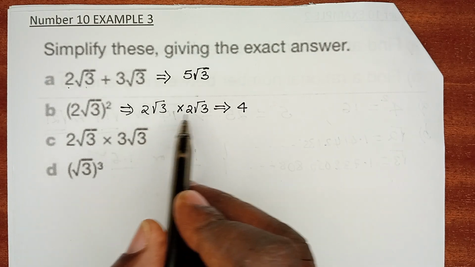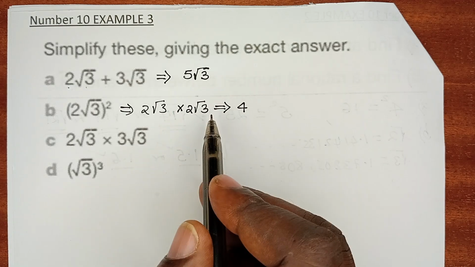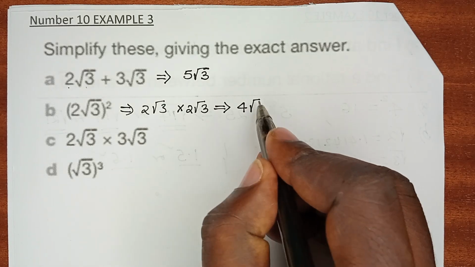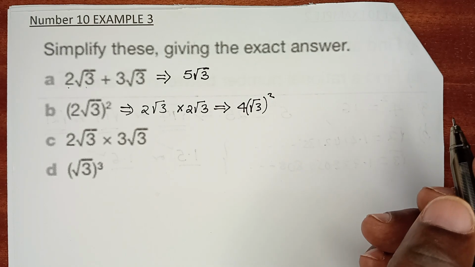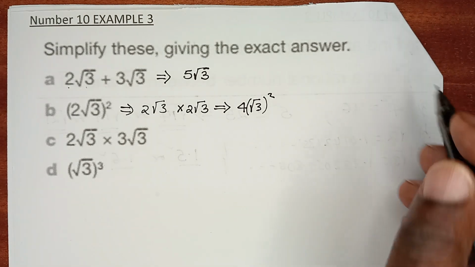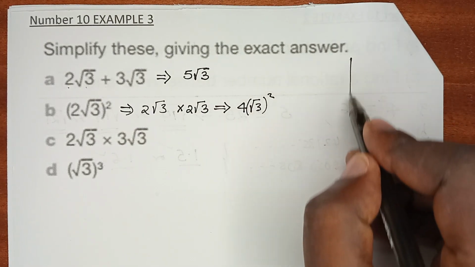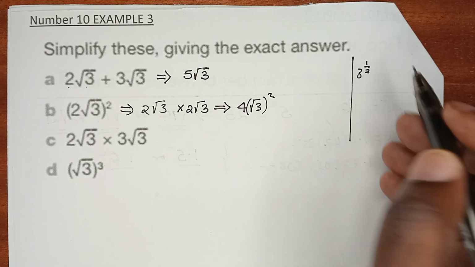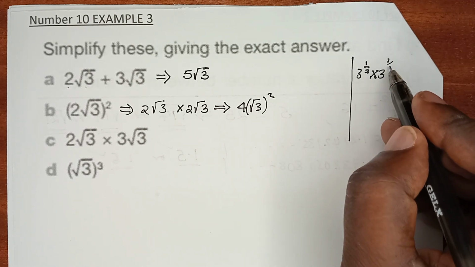And then we take the third part, which is root 3. Root 3 times root 3 is actually root 3 squared. As you remember, root 3 can be written as 3 raised to power a half, times 3 raised to power a half.